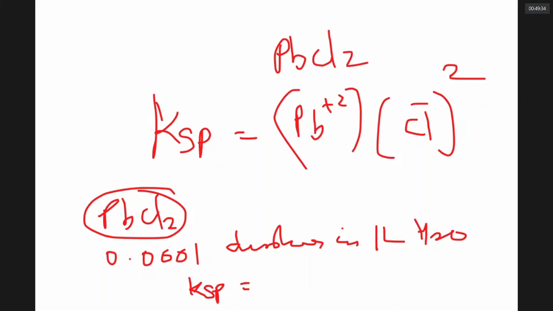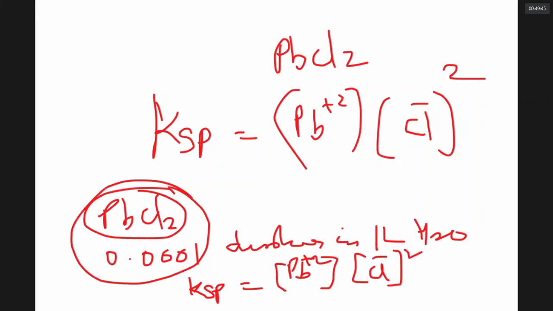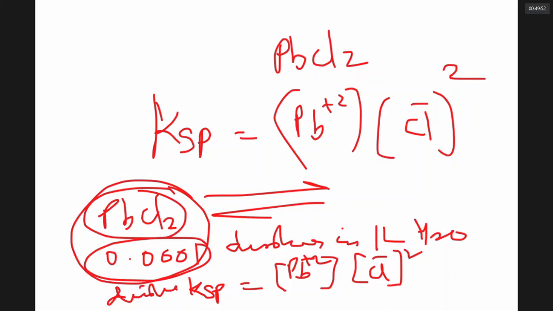Solubility product is equal to concentration of Pb plus 2 into concentration of chloride square. For every 0.0001 moles that dissolve, I will be getting 0.0001 moles of Pb plus 2 and 2 into 0.0001 moles of chloride ion.